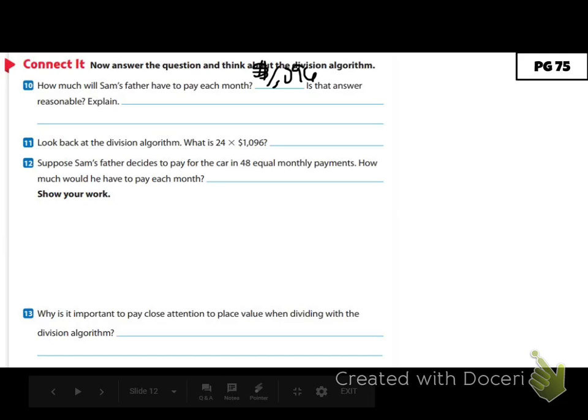Is that answer reasonable? We can say yes, it is reasonable, because if we look at the estimation that we did on the previous page, we can see that it is roughly close to 1,000. So it is close to the estimate.